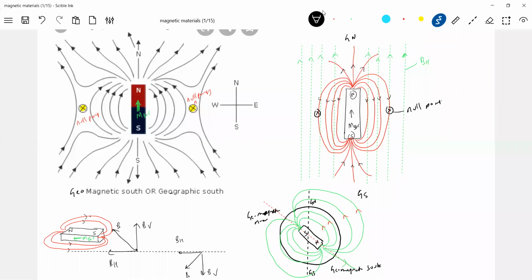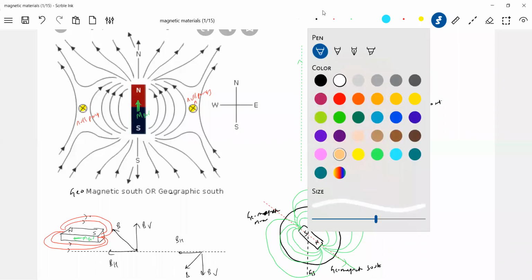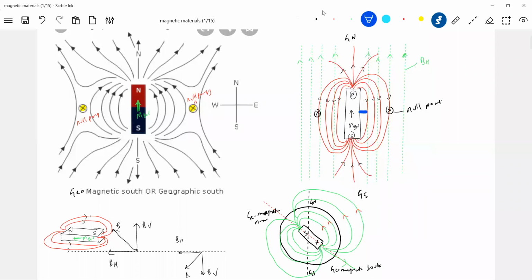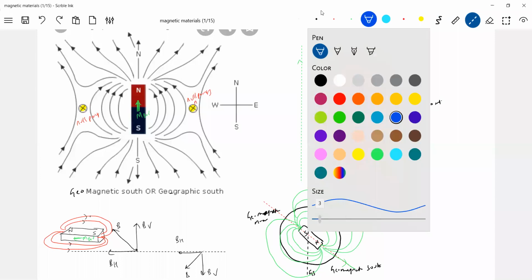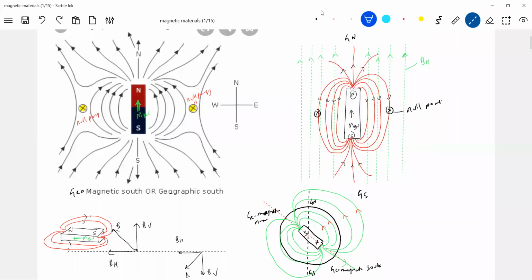Okay, then we'll take one more. I'll draw a line. All these are diagram based. If you have clarity of the diagram, you can manage.